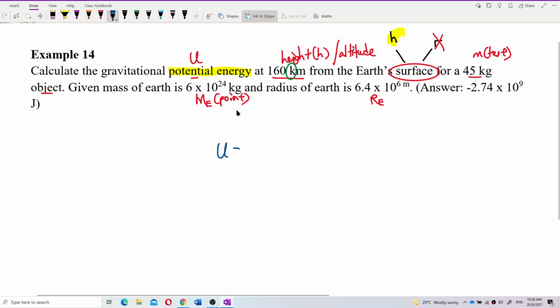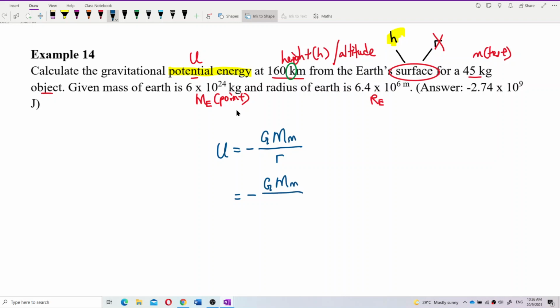U is equal to negative GMm over R. Remember, the R here is not just the H. You must take the radius of Earth plus H.